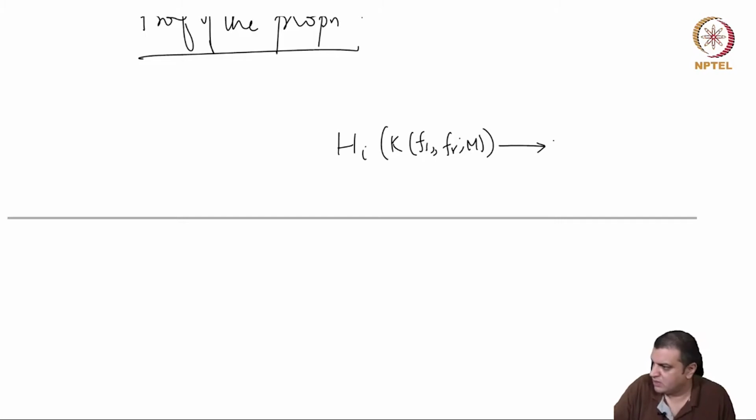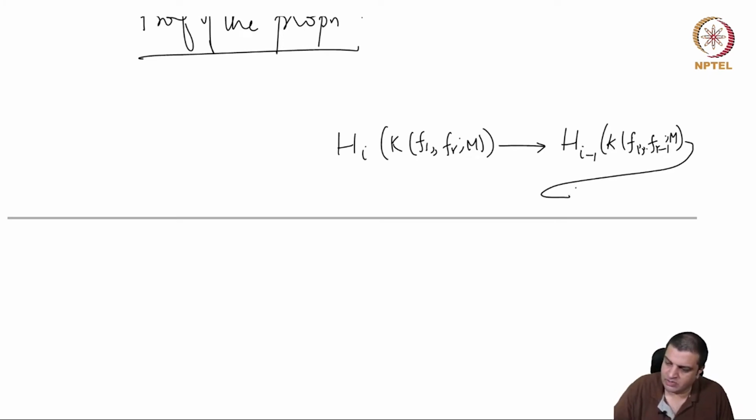On this side is Hi minus 1 of K with one fewer element, all this for the complex M. Remember, the two pieces in the cone will have one fewer element, and this is multiplication by Fr.